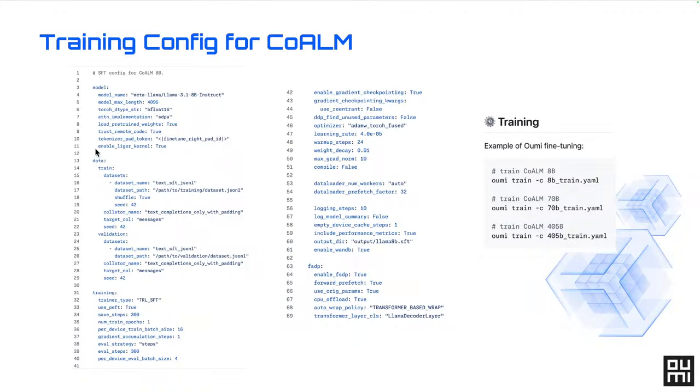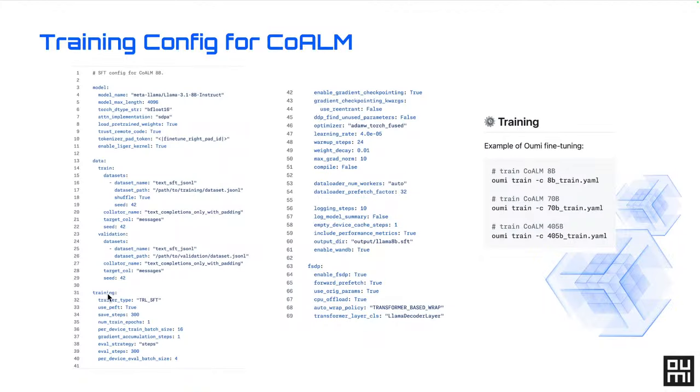And you can see it's just a YAML file. There are different sections like model, where you can specify all of the parameters for your recipe. Another section for the data, where you can connect it to the CoALM-IT dataset, and then one for the trainer as well.